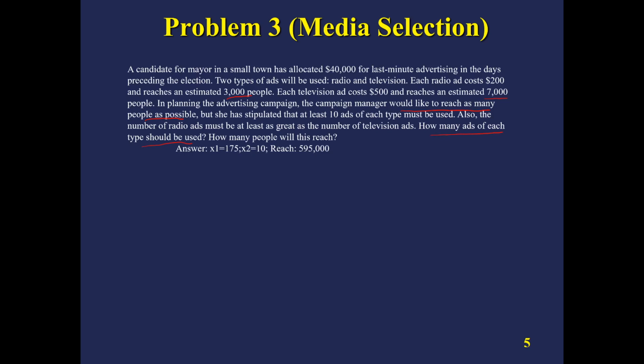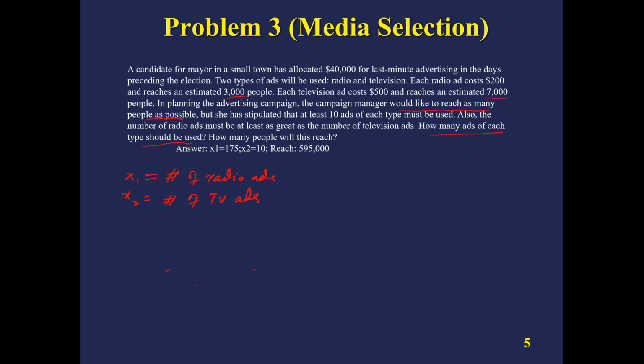So we identify the decision variables: x1 is the number of radio ads and x2 is the number of TV ads.